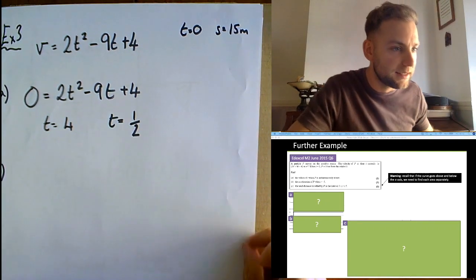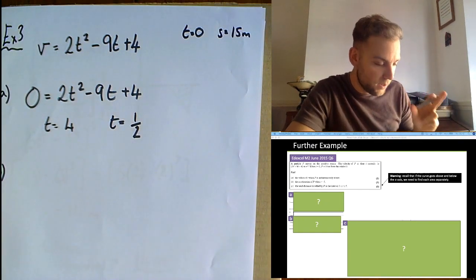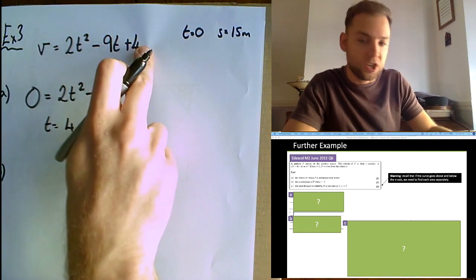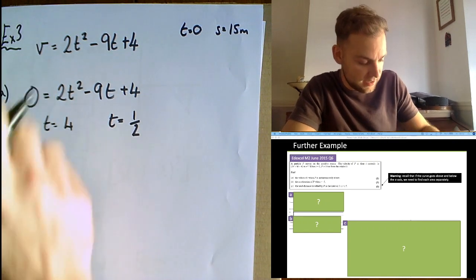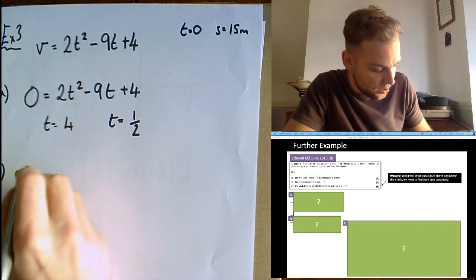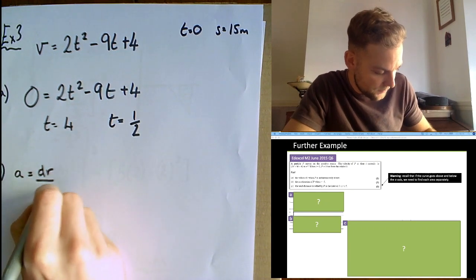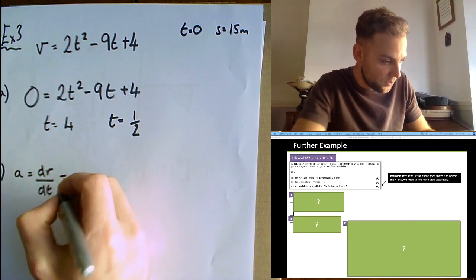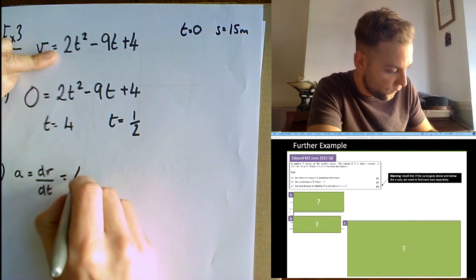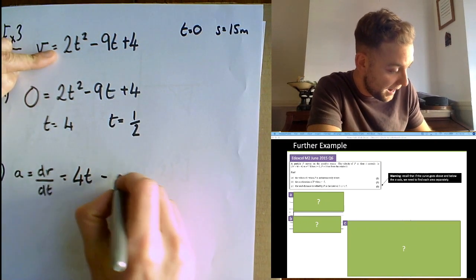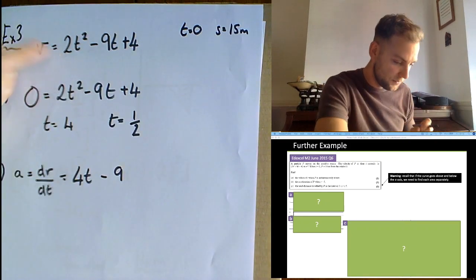Part B says find the acceleration when t is equal to 5. Well, my acceleration, I know, is the differential of this. So acceleration is equal to dv by dt. dv by dt is going to be equal to 4t minus 9, as the 4 disappears.